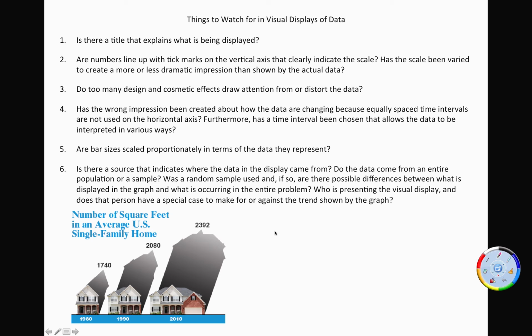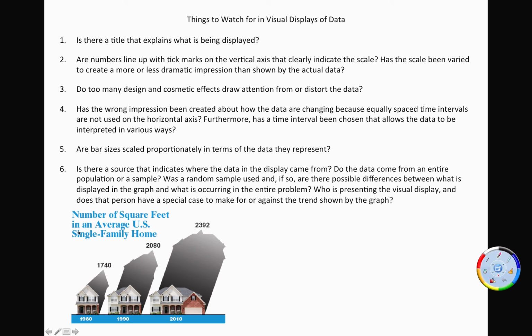Was a random sample used? And if so, are there possible differences between what is displayed in the graph and what is occurring in the entire population? Who is presenting the visual display, and does that person have a special case to make for or against the trend shown by the graph?